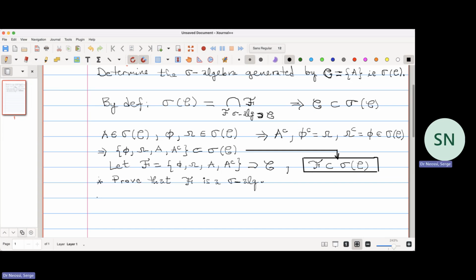The first axiom of a sigma algebra is satisfied. The first axiom is that the empty set, which we can see listed here, is an element of calligraphic F.